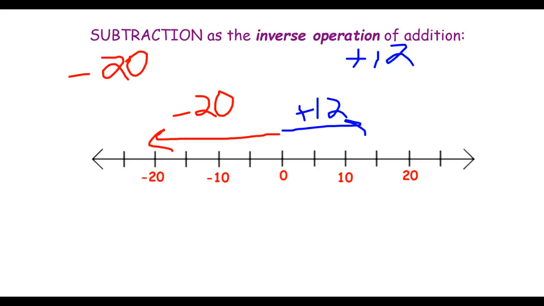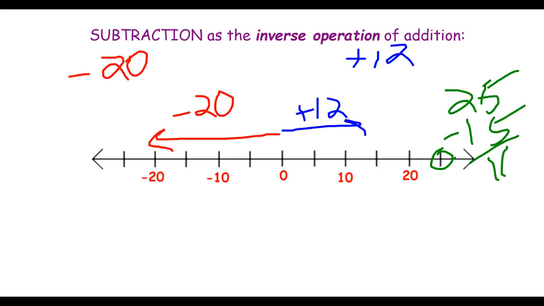Now, we know that if we're starting at 25, for example, and we wanted to take away, let's make it 15 to have it be easier here, we're going to get 10. So to go from 25 to 10, we actually move to the left by 15.